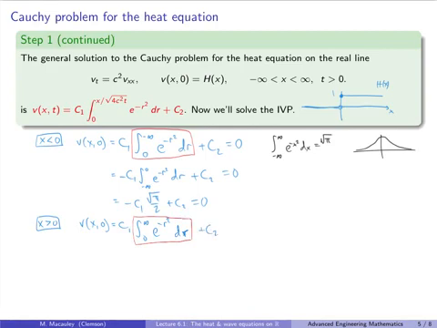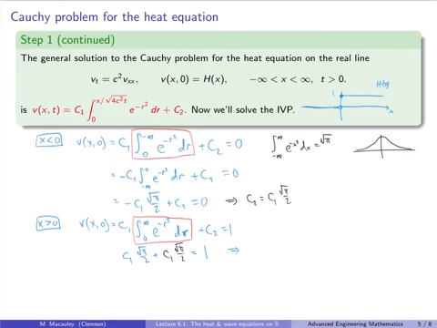Plus c2 equals 1. So the first equation tells us that c2 equals c1 root pi over 2. And the second equation says c1 root pi over 2 plus c2, which I'm going to write as c1 root pi over 2, equals 1.